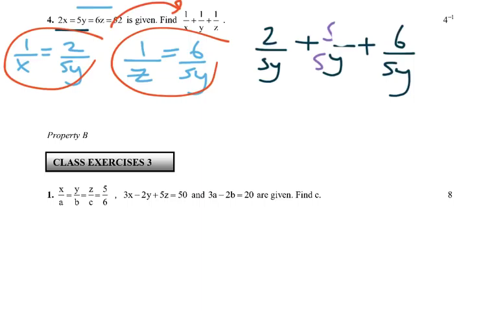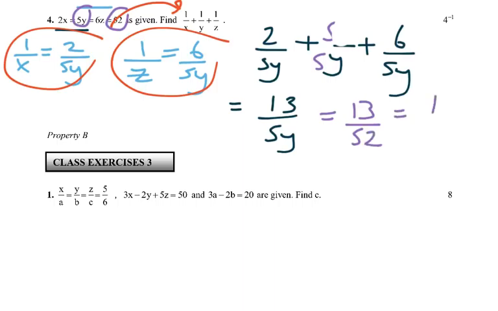And then if we add those together, we've now got 2 plus 5, 7 plus 6, 13 over 5y. And we can see from the start that 5y is equal to 52. So this is 13 over 52, which is 1 over 4, or 4 to the minus 1.